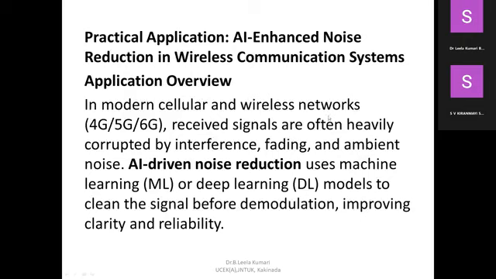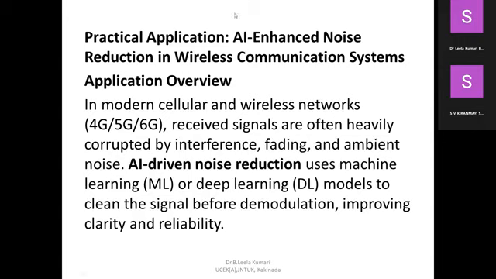In modern cellular and wireless networks, 4G, 5G, 6G, received signals are often heavily corrupted by interference, fading, and ambient noise. AI-driven noise reduction uses machine learning or deep learning models to clean the signal before demodulation, improving clarity as well as reliability.